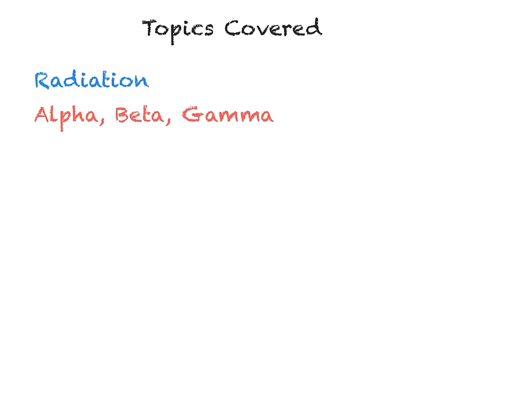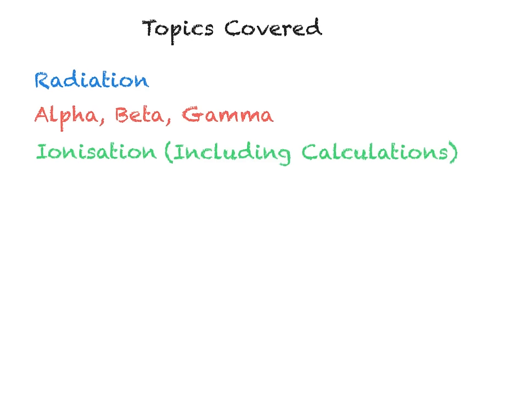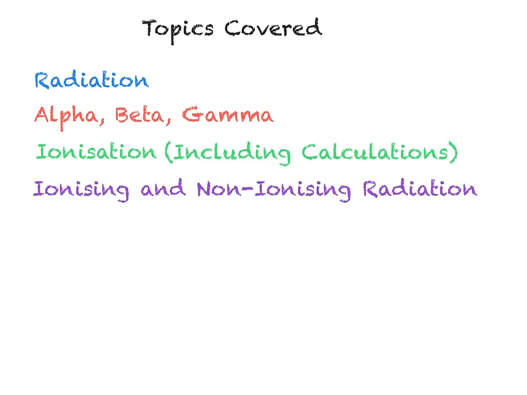So to look at the topics covered in this first P3 tutorial, we have looked at radiation, looking at alpha, beta and gamma, what we mean by ionization and how to calculate it, what we mean by both ionizing and non-ionizing radiation, and how both ionizing and non-ionizing radiation are used in medicine, including X-rays, CAT scans, endoscopes and ultrasound.